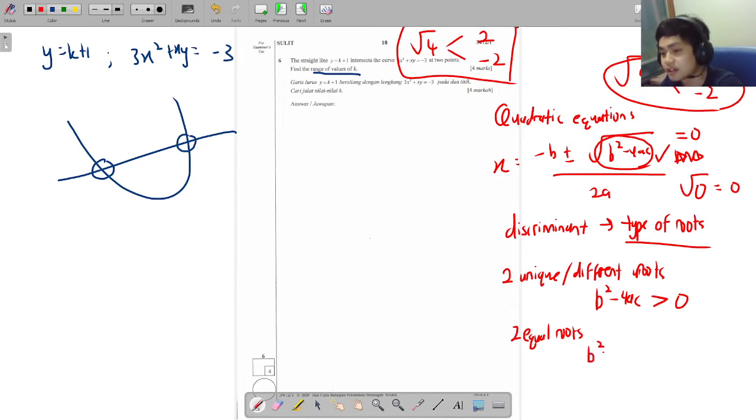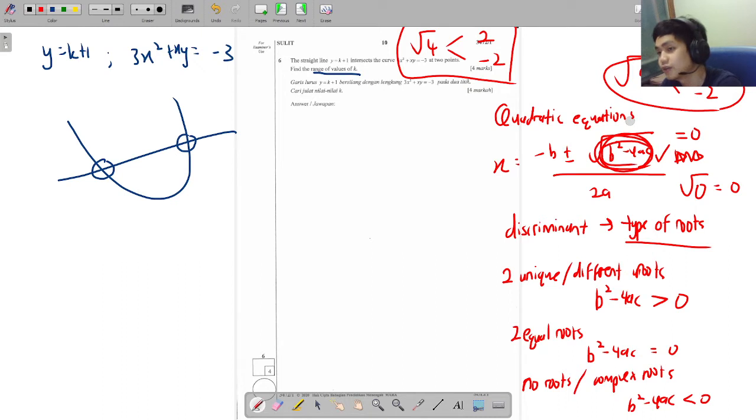And finally, if there are no roots, sometimes known as complex roots, we say that b squared minus 4ac is less than 0, because you would be square rooting a negative number. At this level you don't learn this yet, but we generally say that you can't do this. You're supposed to get a complex number, but you can't do this at this level.